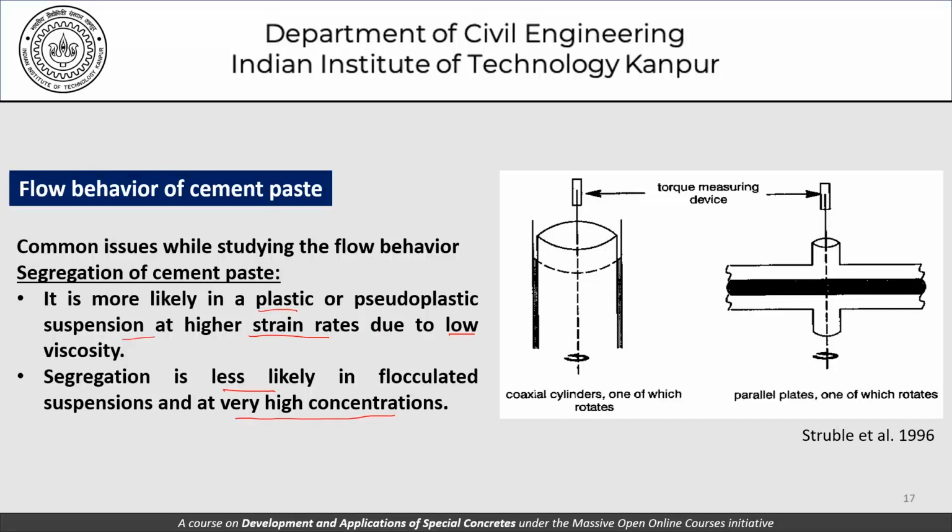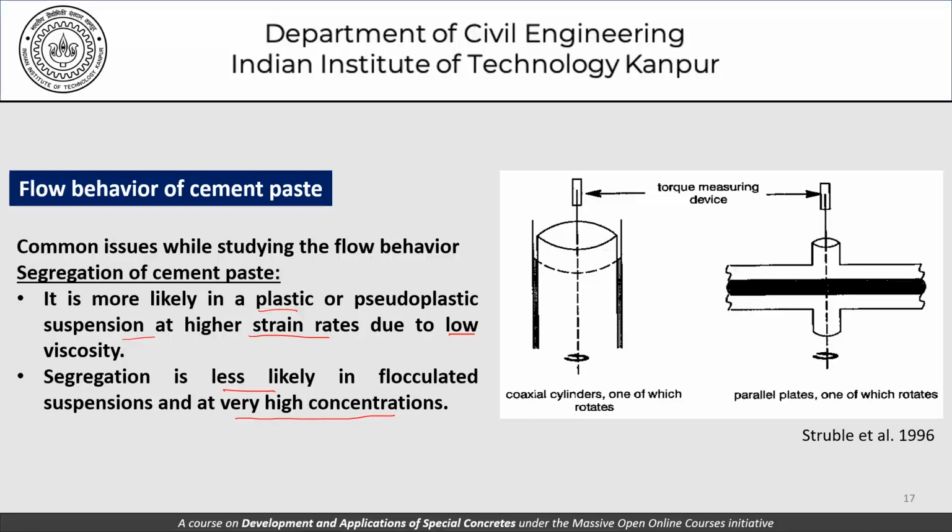So it's more of a thought experiment. In fact, this whole lecture that we are going through today is more a matter of thought. We just have to close our eyes and think, okay, if this is what the cement paste is like, this is what we are trying to do with it, how will the cement paste behave?